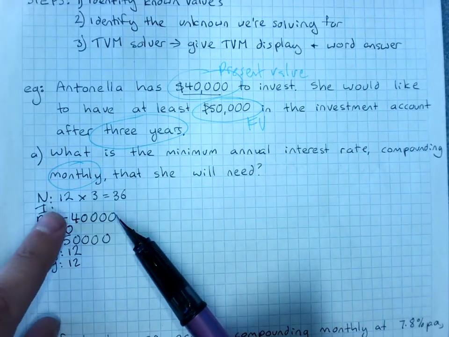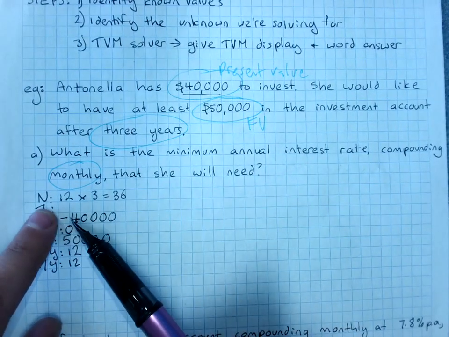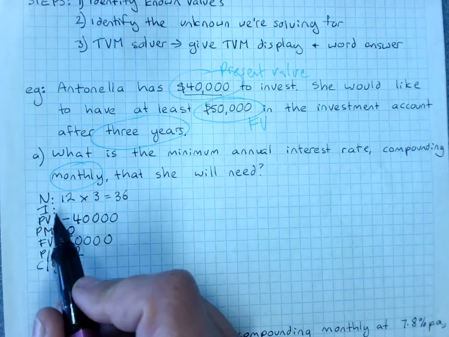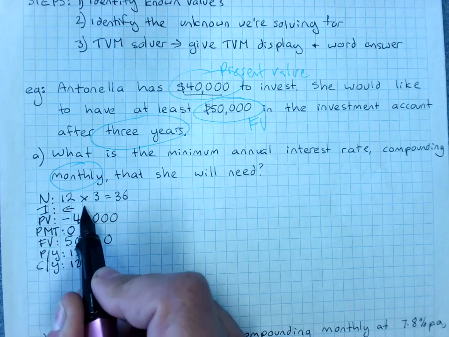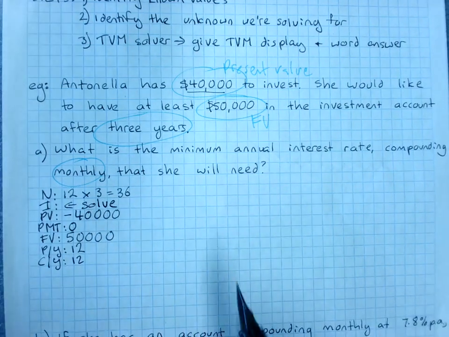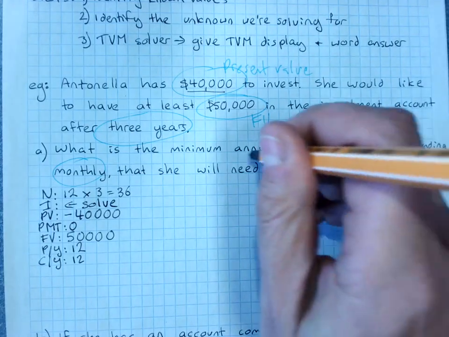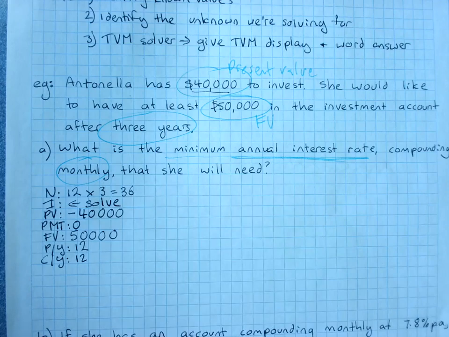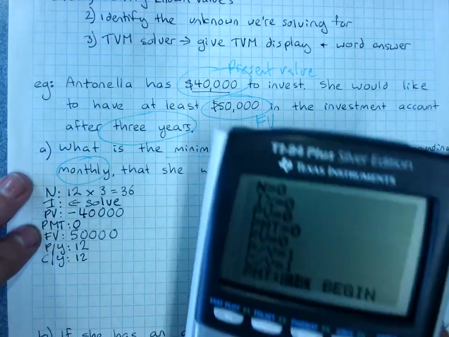So she's handed away 40,000 now, so it's negative, and we'll get back a positive amount at the end. And the interest rate is what we're going to be solving for, because A, it's there in the question, what's the interest rate she'll need, and B, it's the only thing left that's not filled in because we know there's no payments.